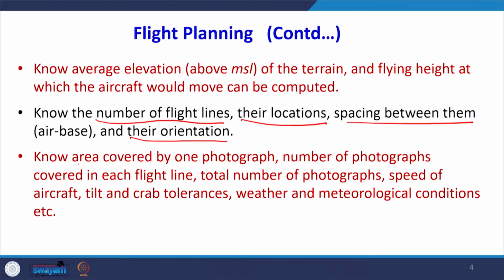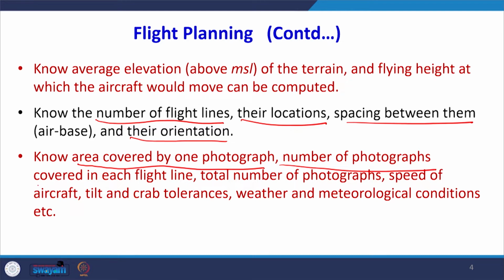This can be done with the help of existing topographical maps, or nowadays freely available Google images are also used. We should also know how much area at my scale will be covered by one photograph, and how many photographs will be covered in each flight line.